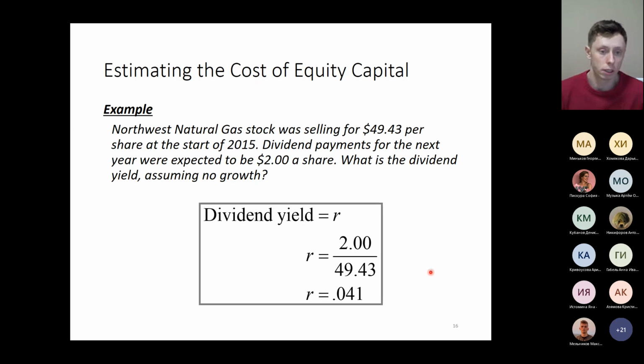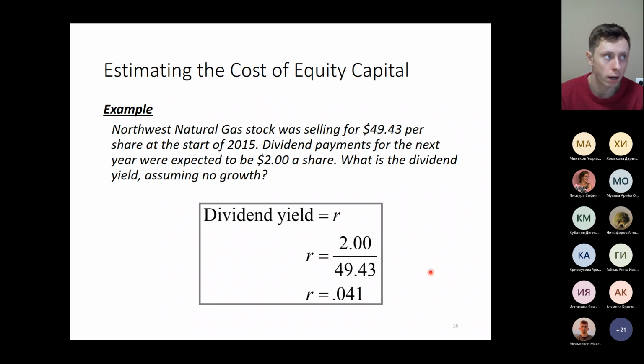Let's consider the example here. Northwest Natural Gas stock is selling at 49.43 per share, and we have some expectation regarding the dividend next year.